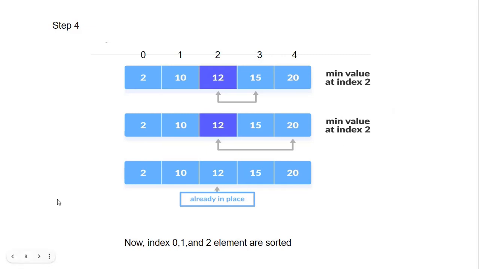Second, compare index 2 and index 4. The minimum value is at index 2, so it is already placed at index 2. Now the subarray of indices 0, 1 and 2 is sorted, and indices 3 and 4 are the unsorted subarray.